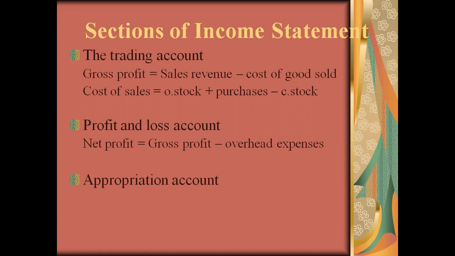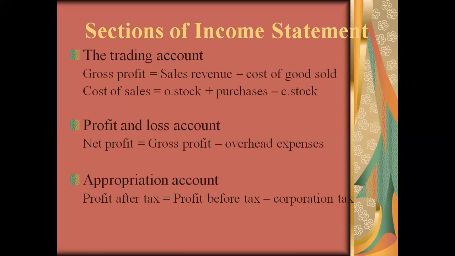Obviously you have to make them happy as well, but that will be a certain portion. Before paying it, you have to pay taxes as well. So you pay taxes along with the dividend, and whatever amount is left becomes the retained profit. Now let's see profit after tax.